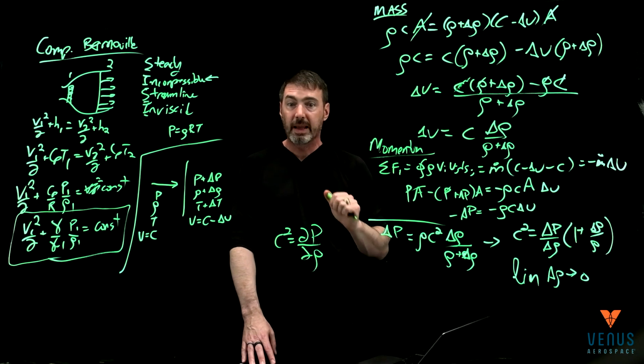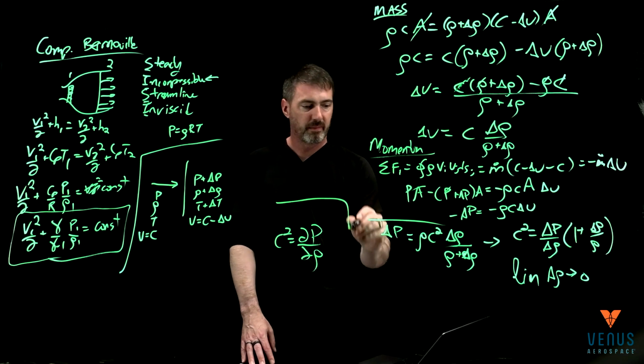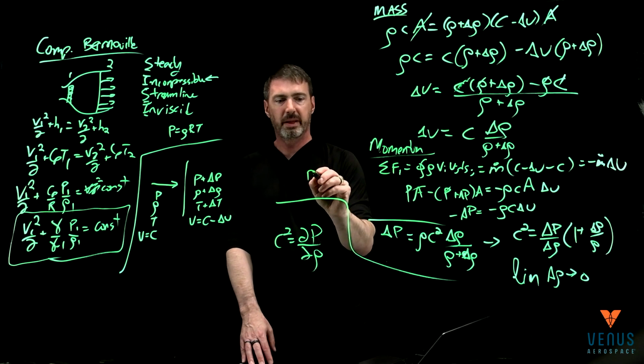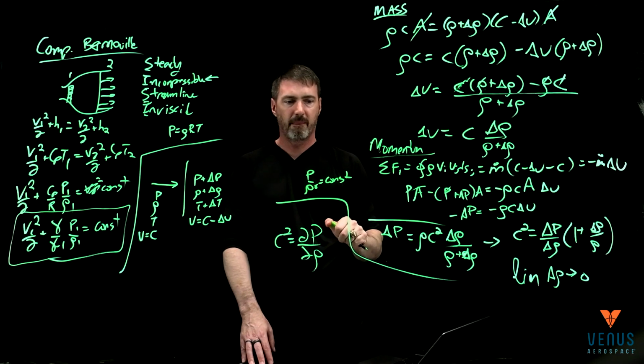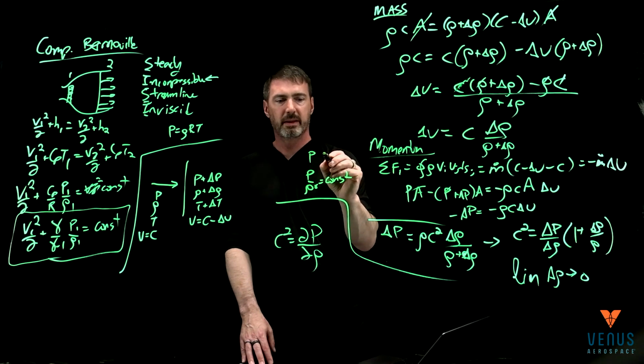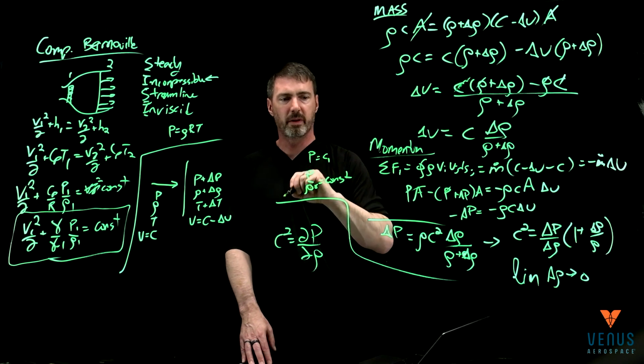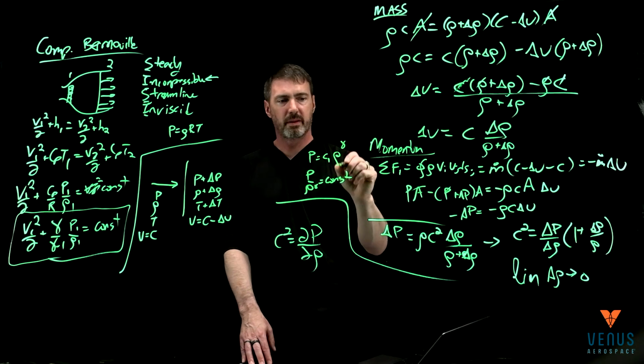Okay. Now insert ideal gas. Now remember that for ideal gas we had P over rho to the gamma is equal to constant. Or in other words, P is equal to some constant, let's call it C1 rho to the gamma.